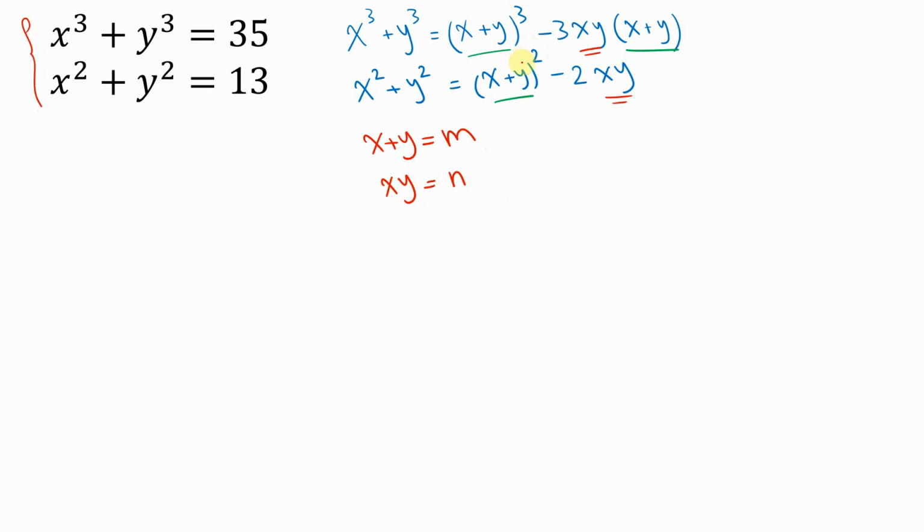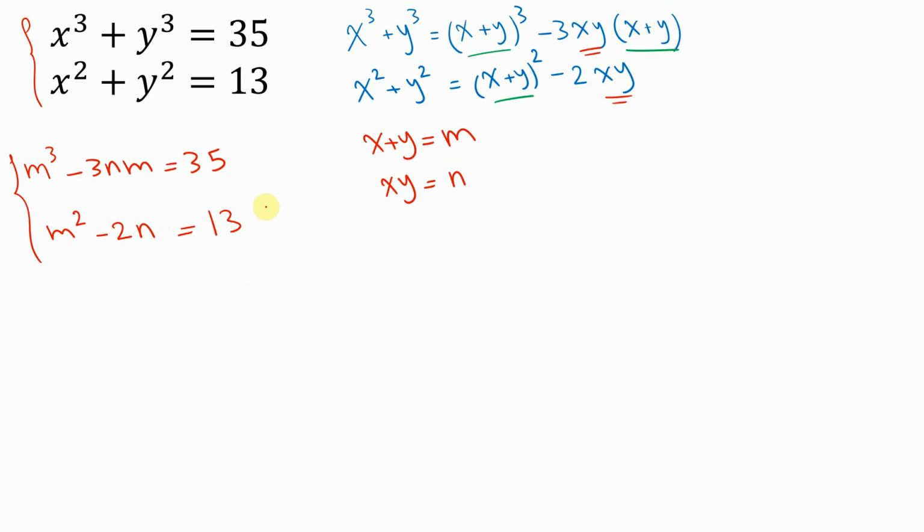So the first equation becomes m cubed minus 3n times m equals 35. This is the first equation. How about the second one? The second one becomes m squared minus 2n equals 13. And this is the second one.